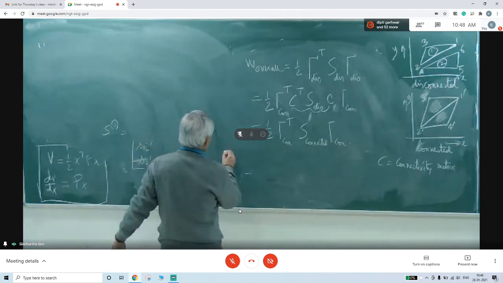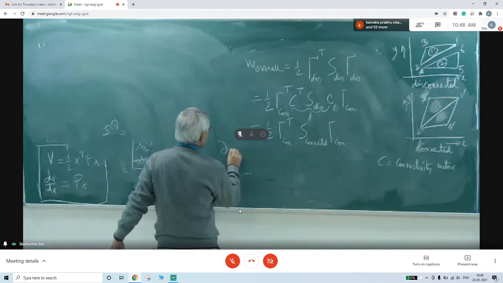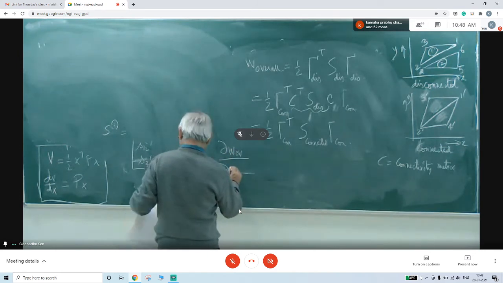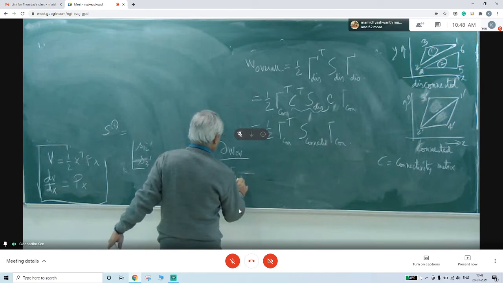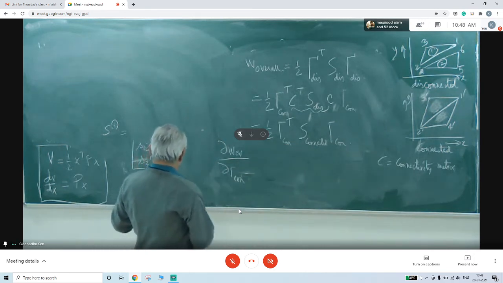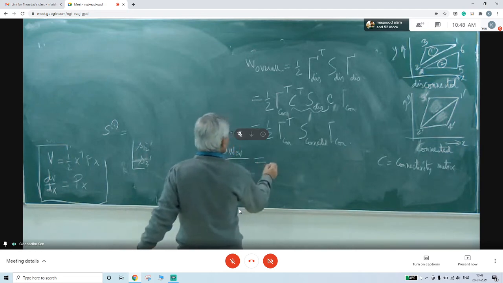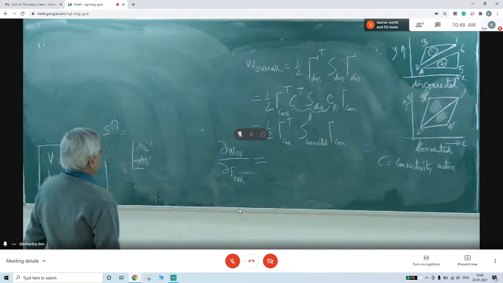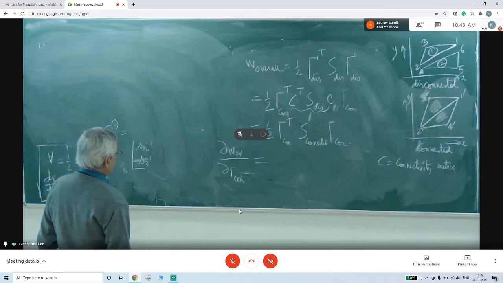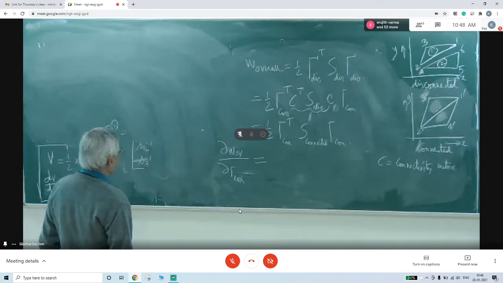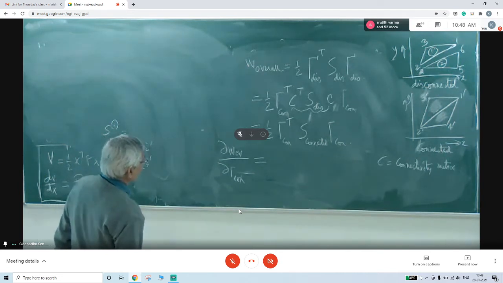So what we say is that delta W overall by delta lambda connected, because this is our area. What will be the value of del W overall by del lambda connected? It is S connected into lambda connected.